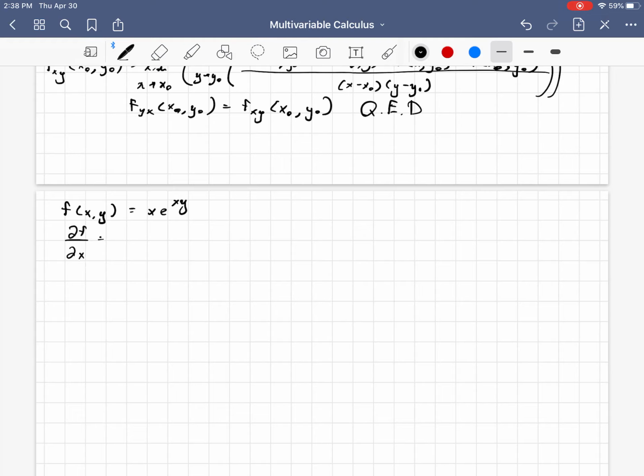Now, x is the variable, y is the constant. So here we have to do a little product rule. I can first take the derivative of this, and I just get e to the xy. And then I can take the derivative of that part, so that's going to be a plus xy e to the xy, because I have that factor of x out front.